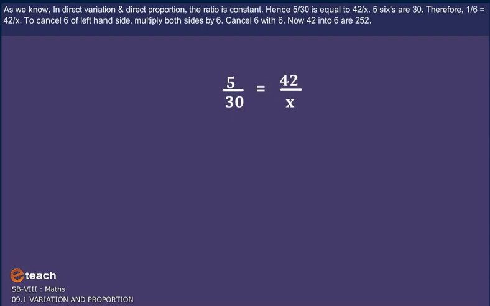Hence, 5/30 is equal to 42/x. 5 sixes are 30. Therefore, 1/6 is equal to 42/x. To cancel 6 on the left-hand side, multiply both sides by 6. Cancel 6 with 6. Now 42 into 6 is 252.